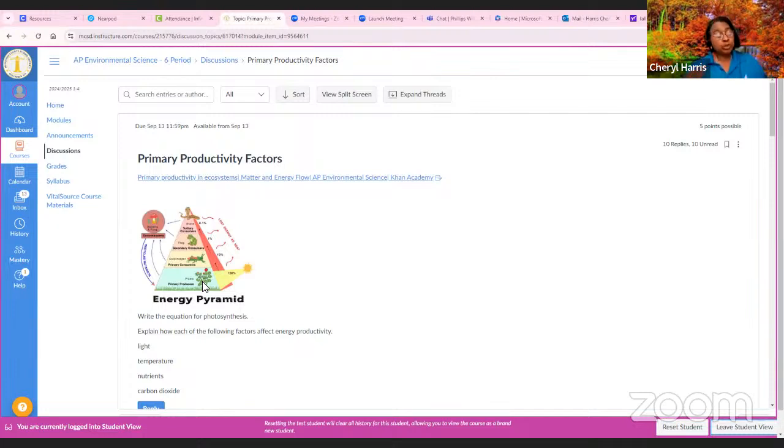And then we use a pyramid to represent the organisms that have the biggest population. So the producers are the most abundant species on the planet. And then you have your consumers. You have primary consumers, secondary consumers, and tertiary consumers. So this pyramid, you're looking at fewer and fewer organisms as we get to the top.